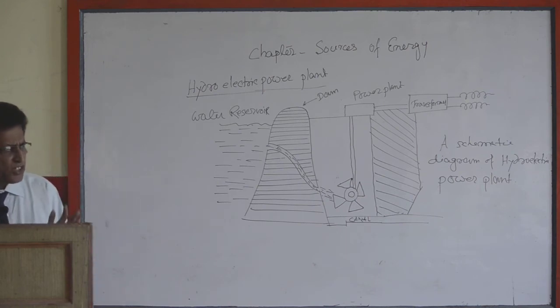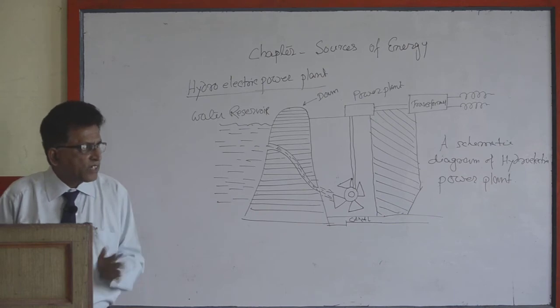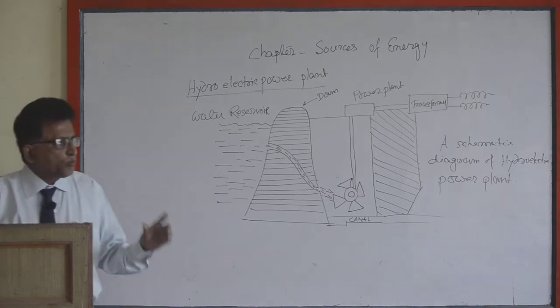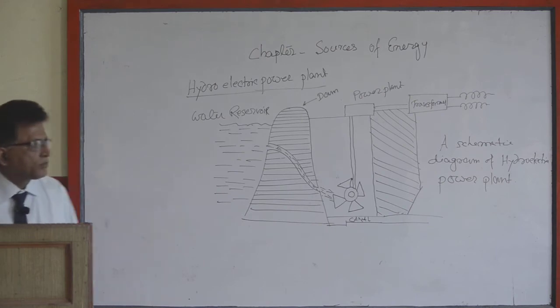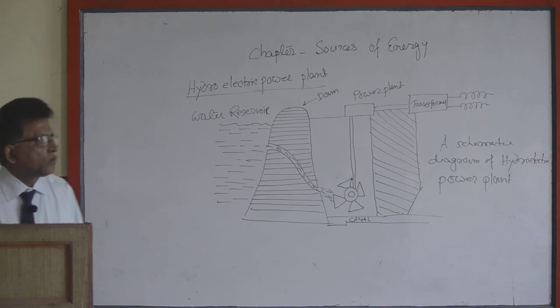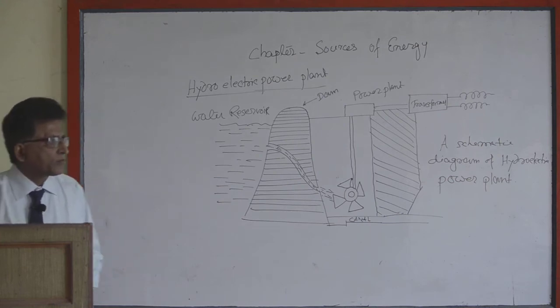The rotation of the armature between the two poles of a strong magnet gives rise to electricity.